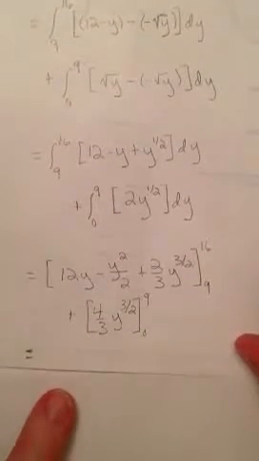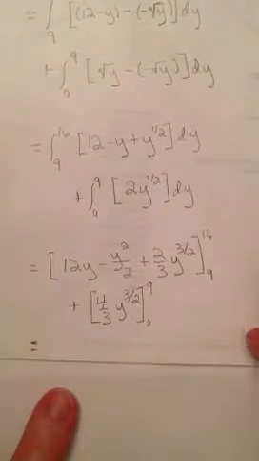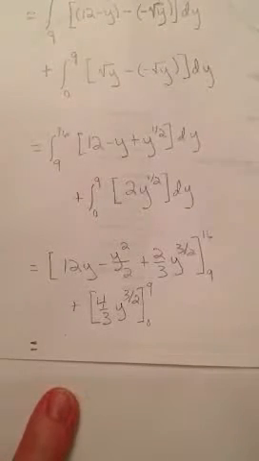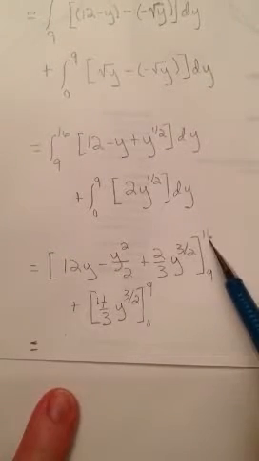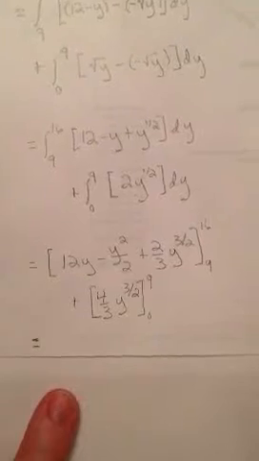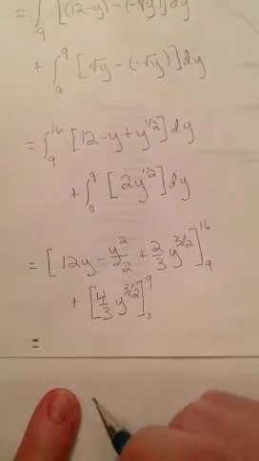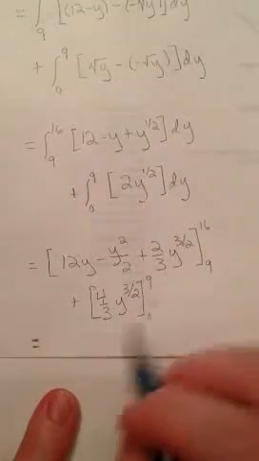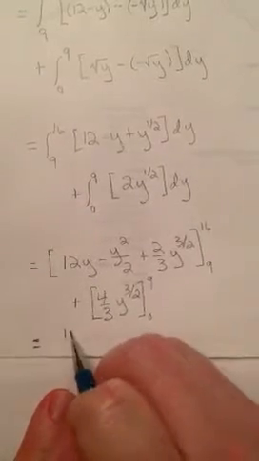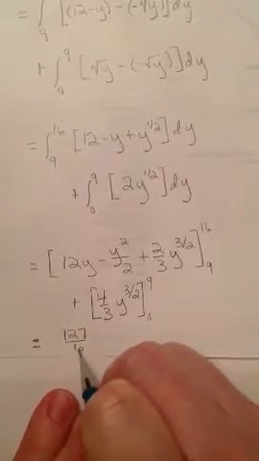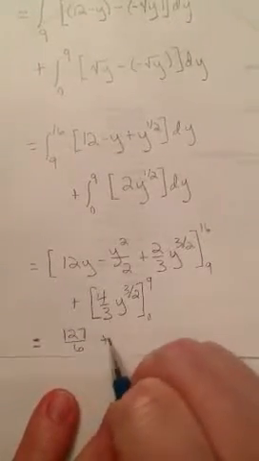And if you were to substitute accordingly the upper and lower limit values respectively, it's going to follow that for the area of R1, this will end up at 127/6.